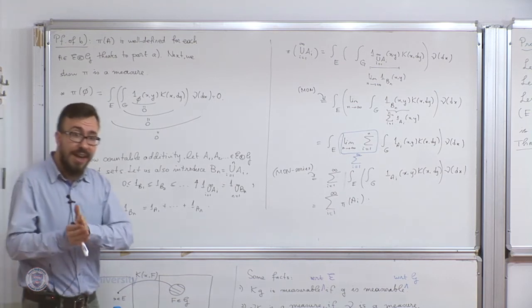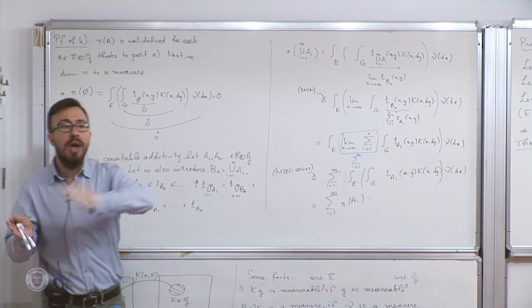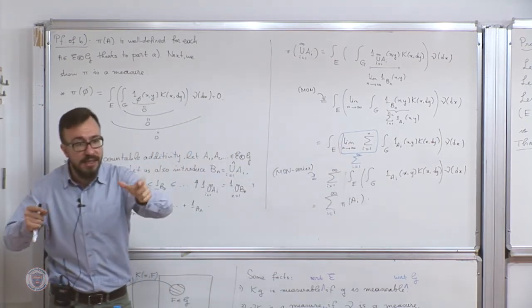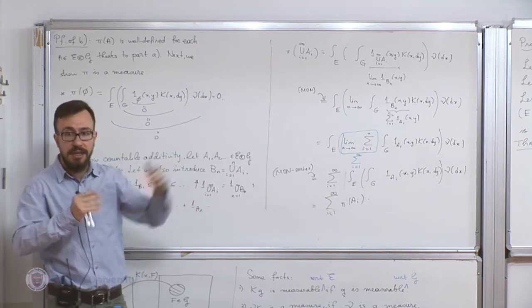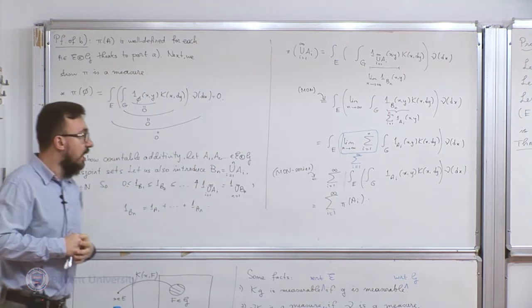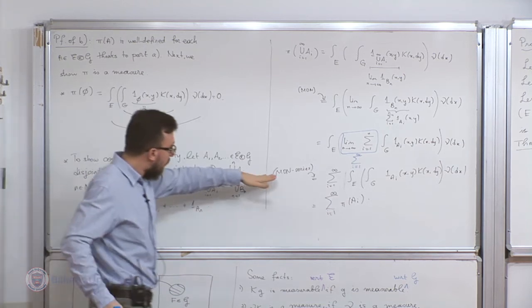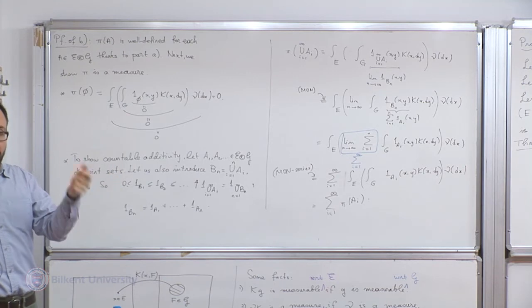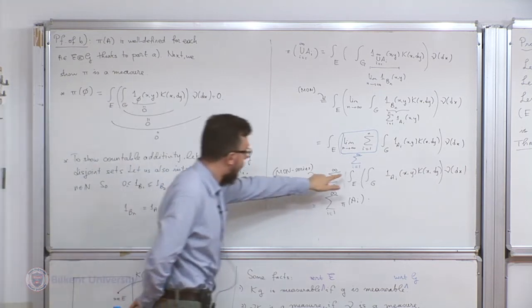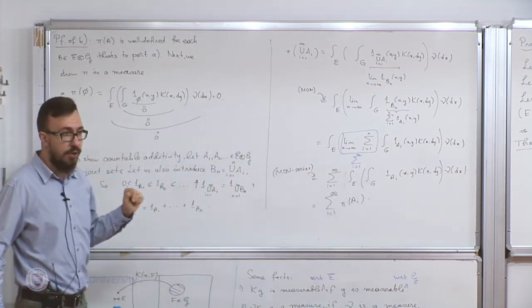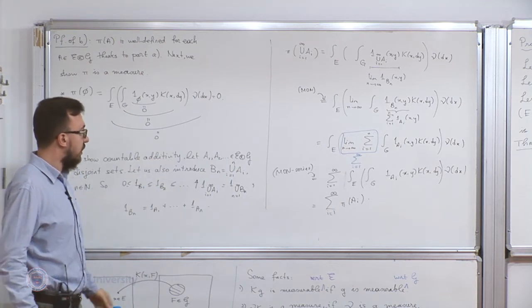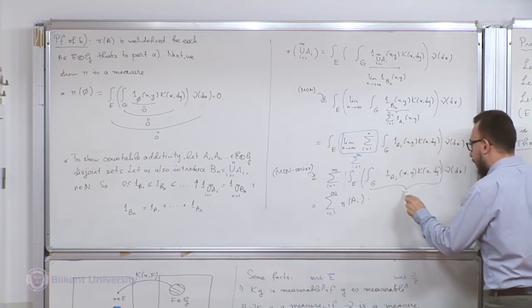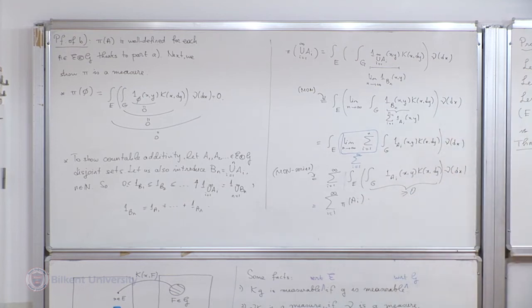Monotonicity comes from the fact that you're looking at 1 to n, 1 to n plus 1, 1 to n plus 2, and if you have positive terms, they form an increasing sequence. So this name, monotone convergence theorem series form, only tells you how to prove this swap using the monotone convergence theorem. But there is no monotonicity in it. So just positivity is enough. These are just positive measurable things, so it's fine.